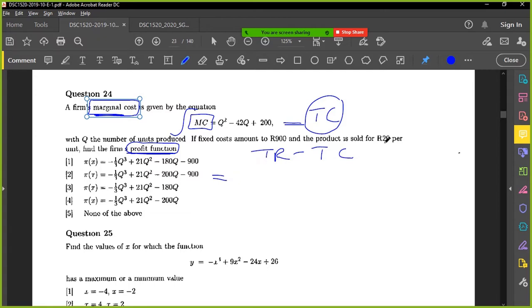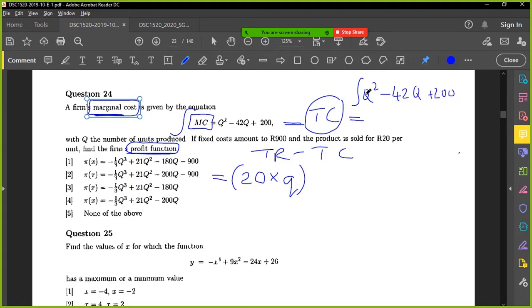So if the product is sold for 20 and the quantity is Q, there's your revenue function. Do you see that? Yes. Then your total cost function is going to be the integration of Q squared minus 42Q plus 200.